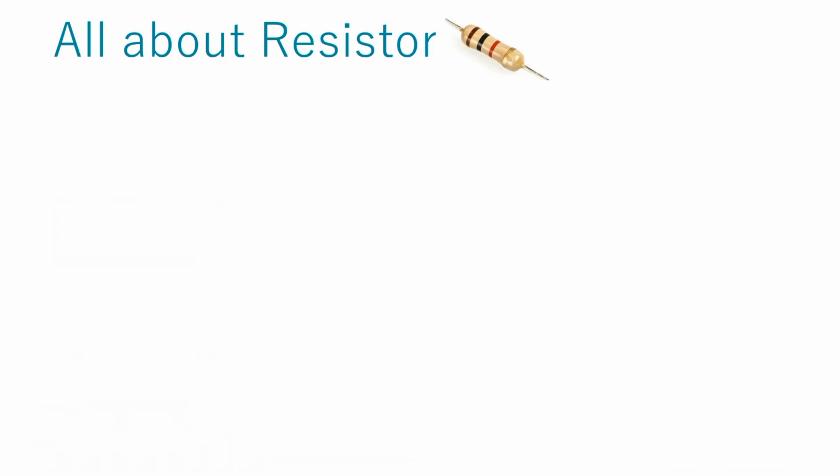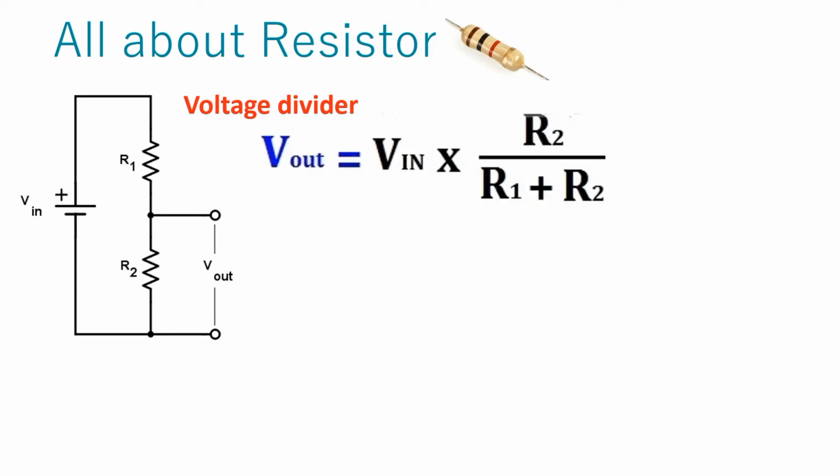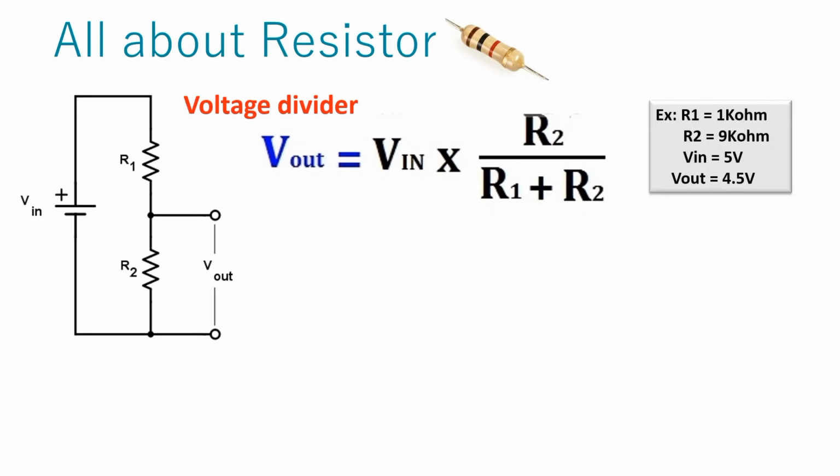This configuration of resistors is called a voltage divider. This configuration is used to drop the voltage. By using this configuration, we can set various values of voltage at its output. For example, if we assume that the value of resistor R1 is 1 kilo ohm, the value of resistor R2 is 9 kilo ohm and the input voltage is 5 volts, then the value of output voltage can be calculated using this formula.